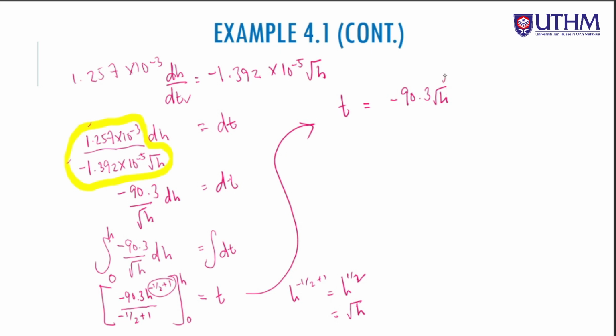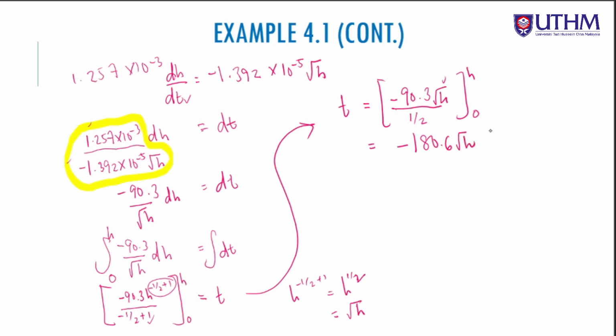That's why kita dapat √H kat sini over 1 over 2 bila kita selesaikan yang bawah ni. Alright, so daripada H ke 0.